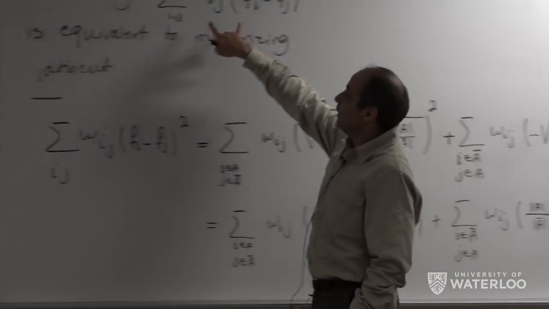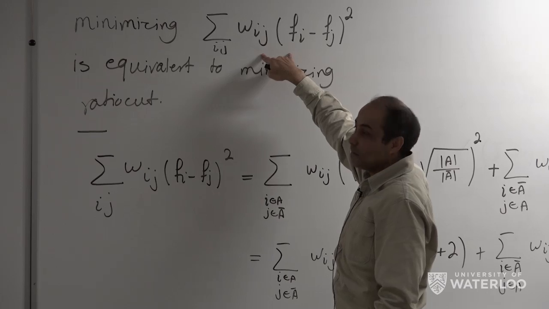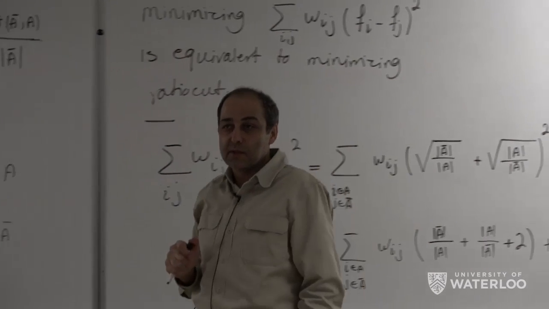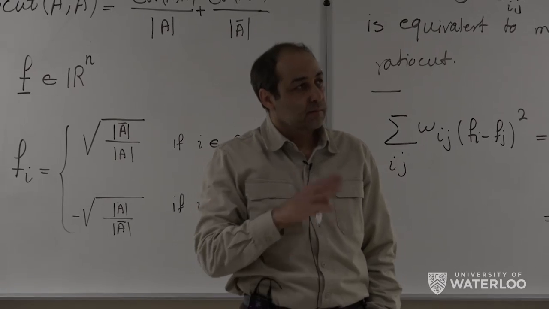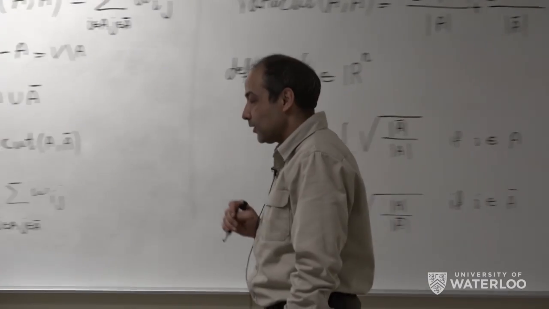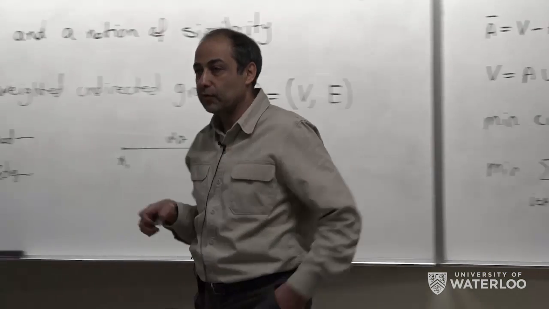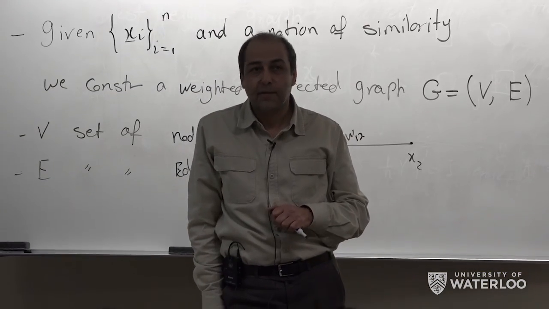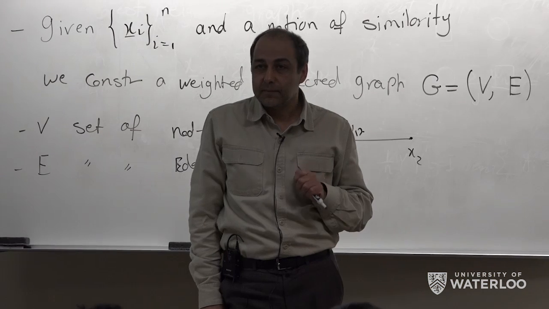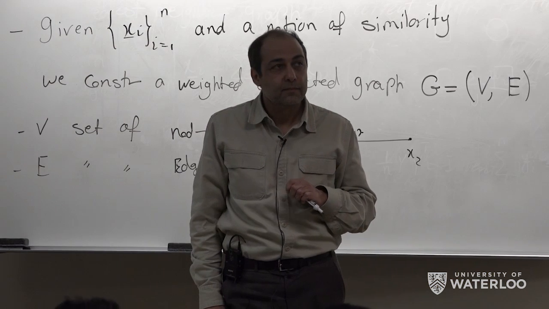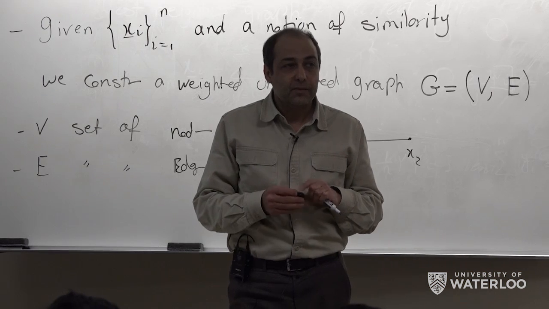Now we learned that instead of that, we can minimize this objective function. Now we have to see how we can do this, which will be the subject of the next lecture: how to minimize this objective function. We don't know yet. Any questions? Okay, see you next week.